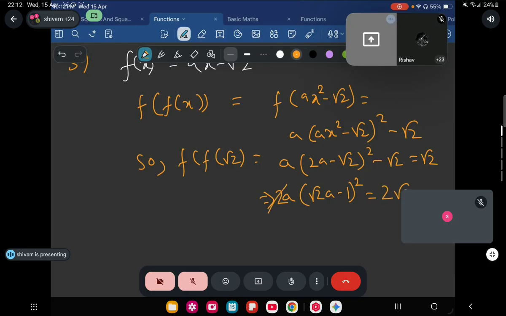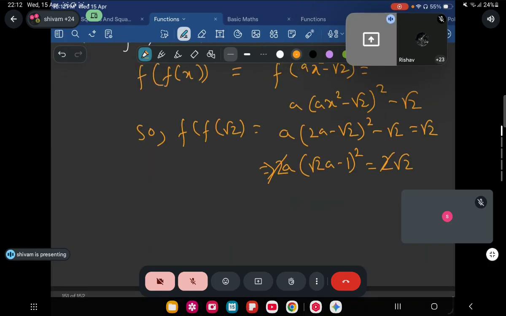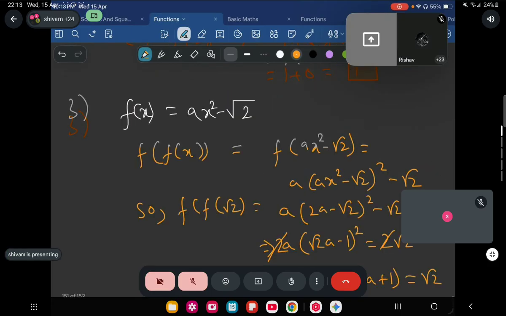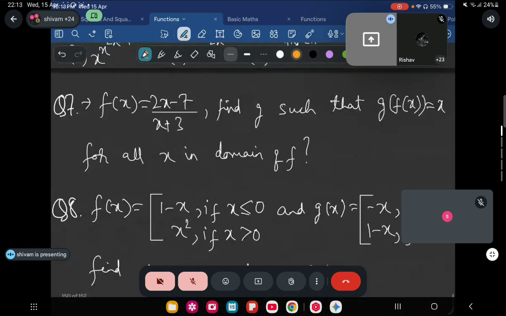Okay. We can cancel off these 2 and 2. Now let us expand. So this implies a into 2a squared minus 2 root 2 a plus 1 is equal to root 2. So what is given in the question?